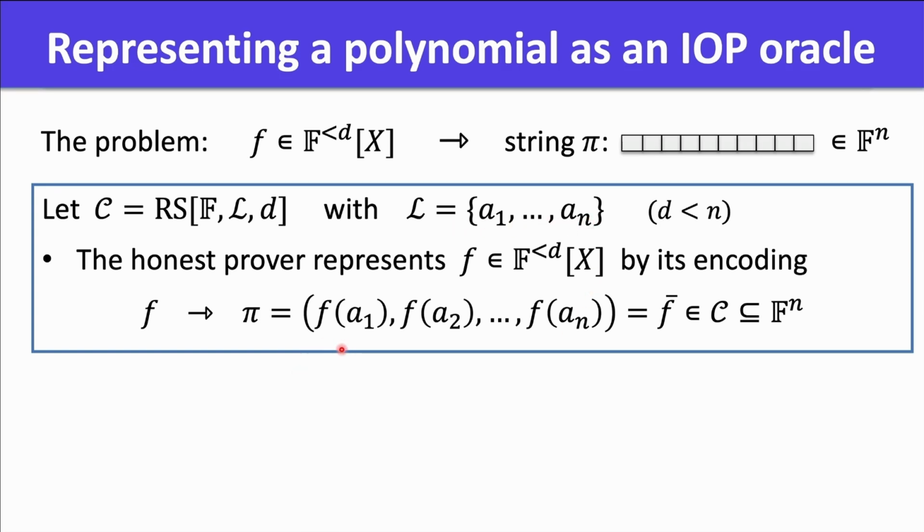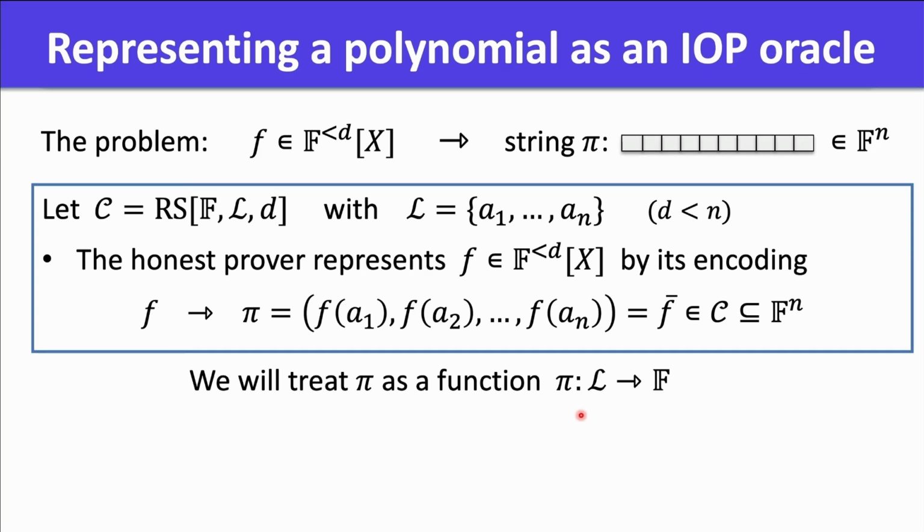And what the prover will actually send to the verifier is the corresponding Reed-Solomon code word, namely the evaluation of the polynomial at all the points in the domain. And as we said, this is a Reed-Solomon code word of length n. And just for simplicity, we're going to treat the string pi that the prover sends to the verifier as a function from L to F. But really, you should be thinking of it as a string that contains the code word.